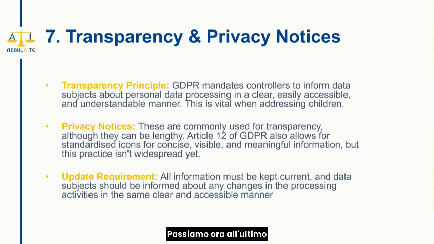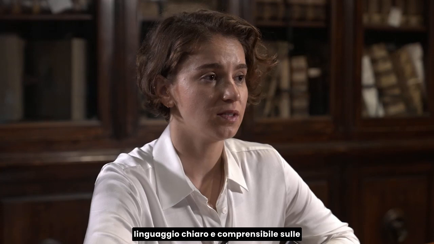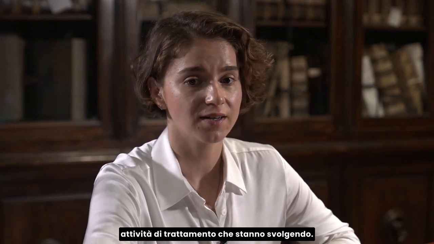And now we move on to the last aspect of the first data processing principle of the GDPR, which is the transparency one. Under the transparency principle, the GDPR mandates controllers to inform the users in a clear, plain and understandable language about the processing activities they are carrying out.